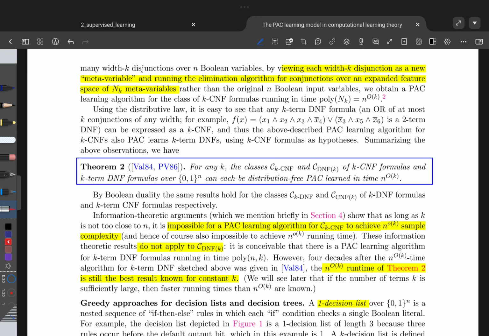All right. So it turns out that it's impossible to do any better. So this is a simple algorithm, right? And it turns out that you can't really achieve a computational complexity that is significantly less than this. So one can show that it is impossible for any PAC learning algorithm for KCNF to have a complexity that is n to the something that vanishes for large k.